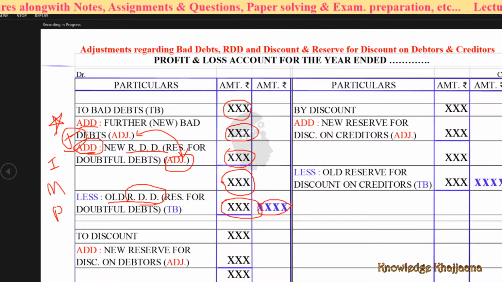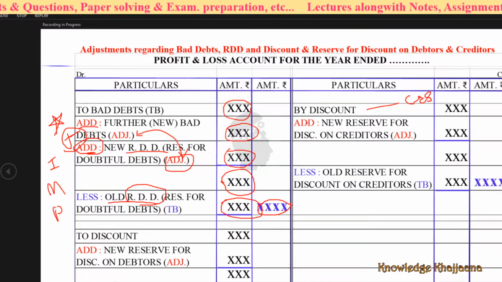Then what does discount mean? Discount is an income or gain which we got from our creditors. We had to pay but we didn't pay, and they gave us some discount. So that discount amount will come over here.